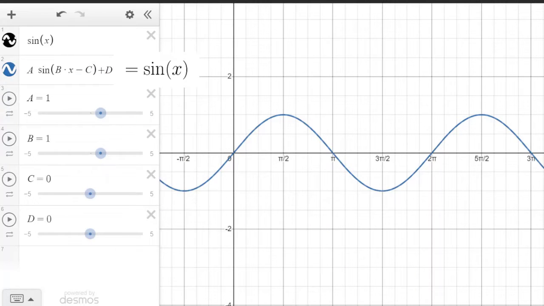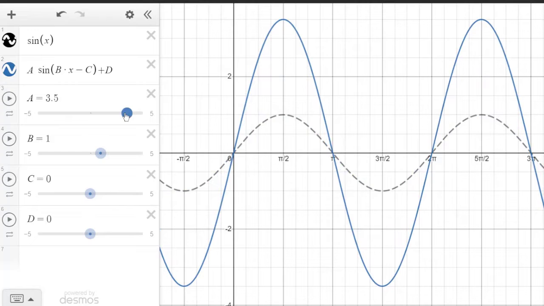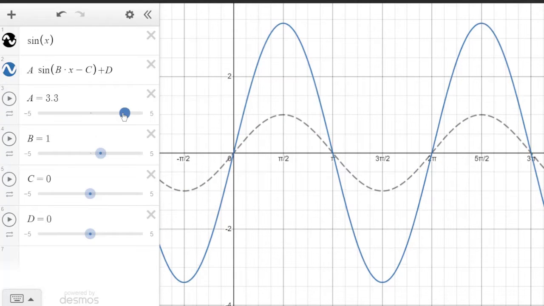What we're going to do is play with these parameters, a, b, c, and d, and see what effect they have on the shape of the curve. Let's start by tweaking the parameter a. If I increase a, what's going to happen? Well, we see that the height of the curve increases. It's a vertical stretch of the curve.